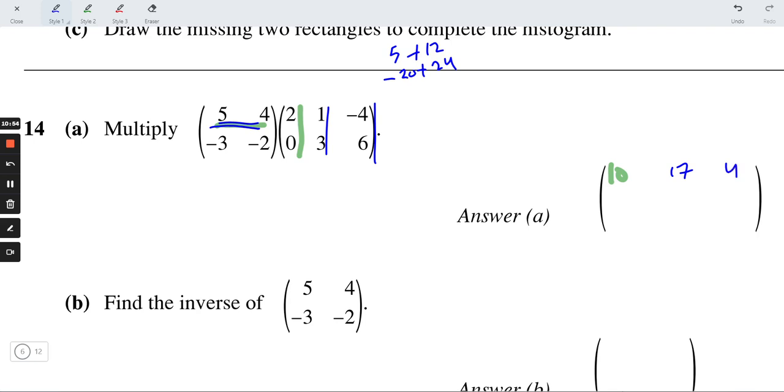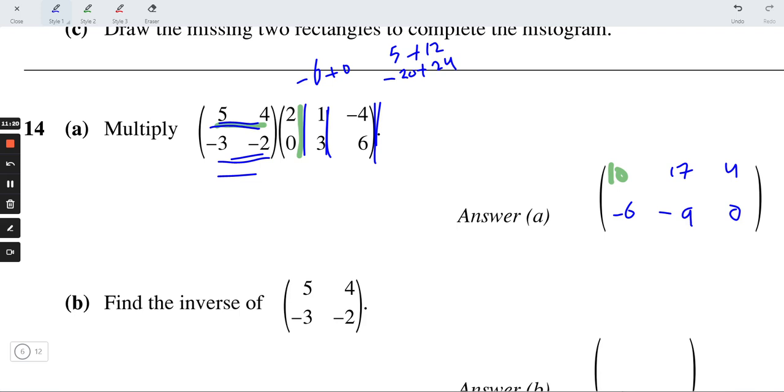Same will do minus 3 and minus 2, multiply it with 2 and 0. Minus 3 times 2 is minus 6. Minus 2 times 0 is 0, so plus 0 we have minus 6 here. Keep multiplying in the same way, you will get the same answers as in here, minus 9 here and 0 here.